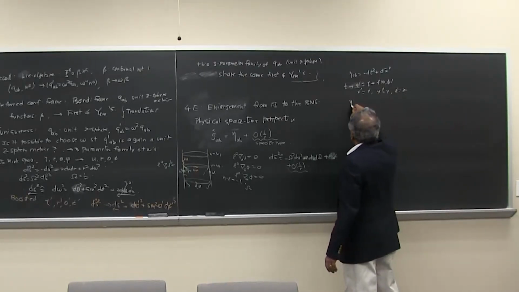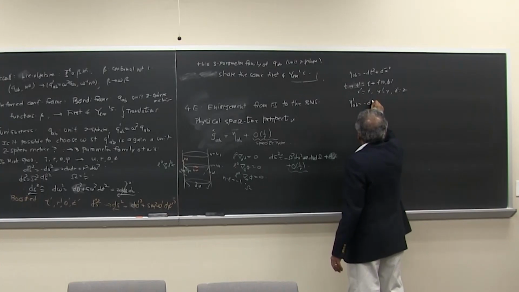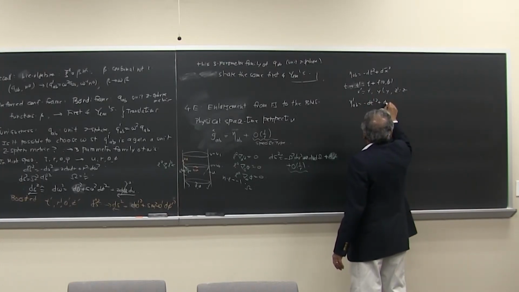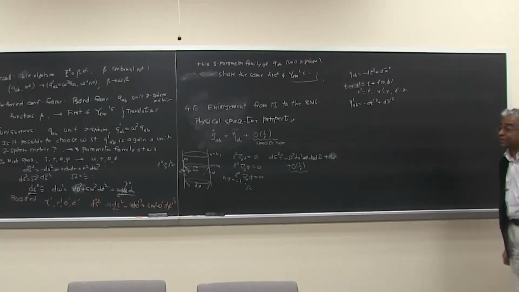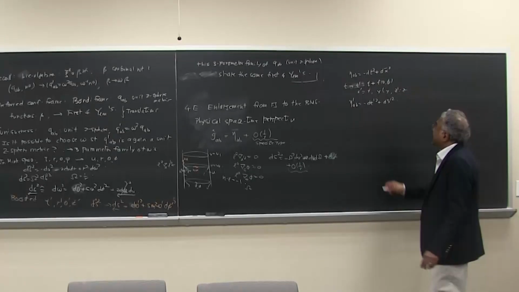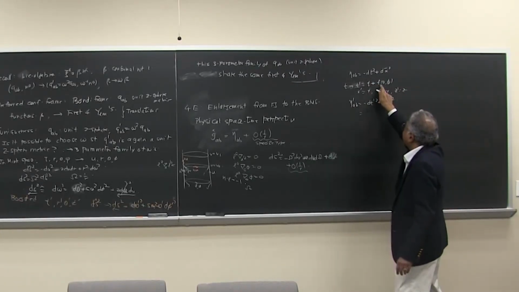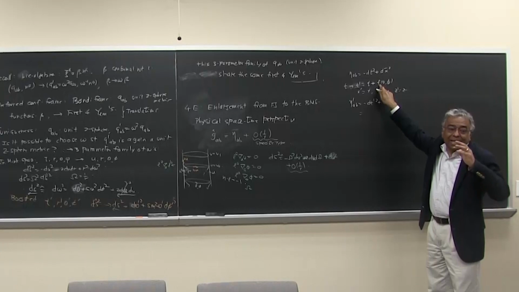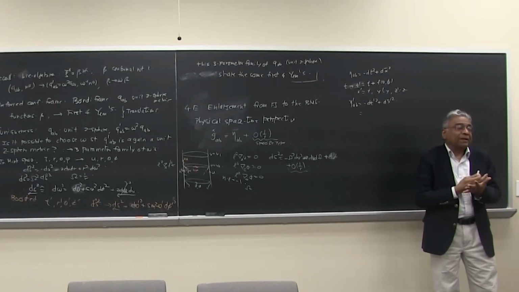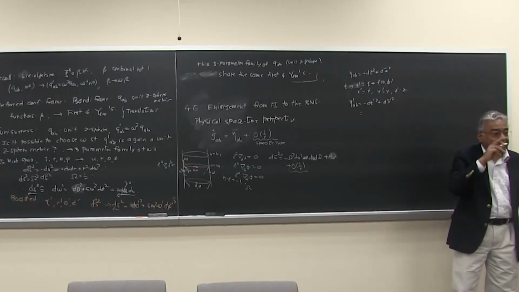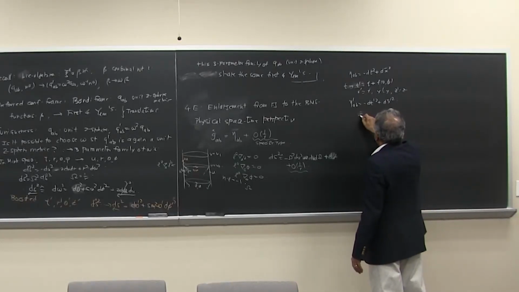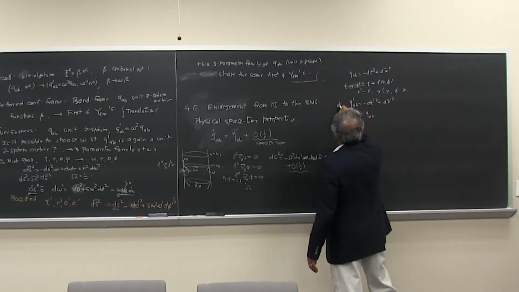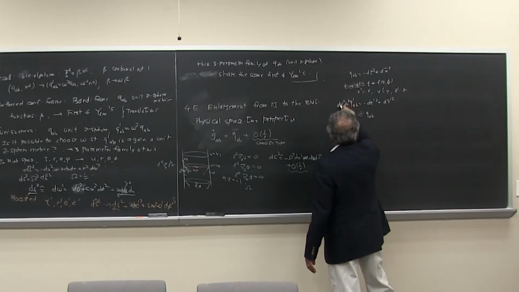Then again, we'll have a new metric, eta prime AB, which is minus dt prime squared plus dx squared plus dy squared plus dz squared. I'll get the new metric. And the statement is that you can just substitute here and check. It just has to do with the relation between the angular derivatives, d by d theta, d by d phi, and derivatives in the Cartesian coordinates, d by dx, d by dy, d by dz, d by dt.